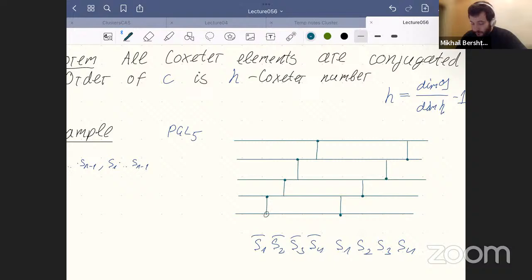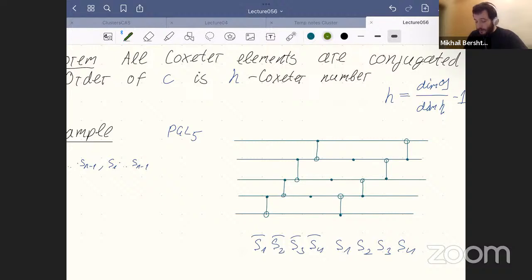In principle, here are the white vertices. Okay, in particular, you see that in order to have an honest bipartite graph, I should add black vertices here.